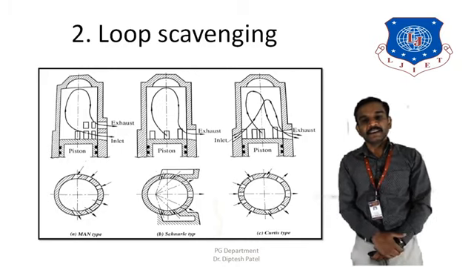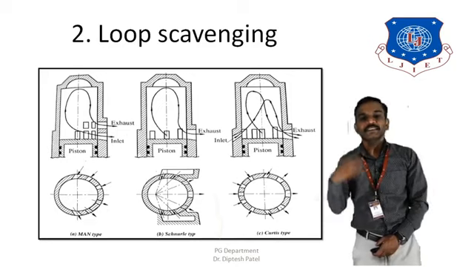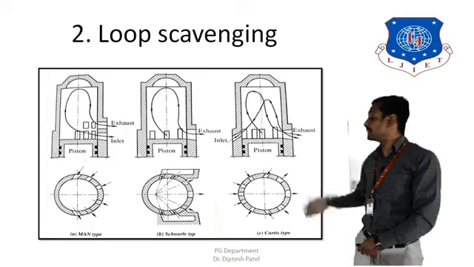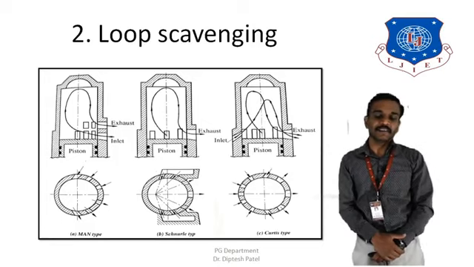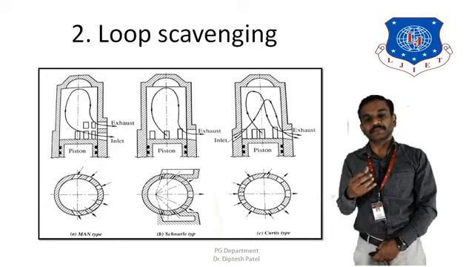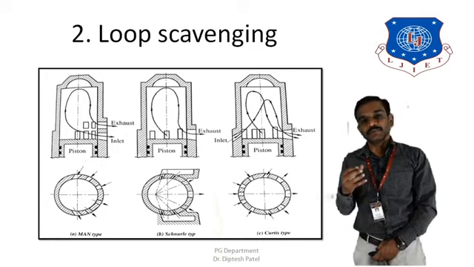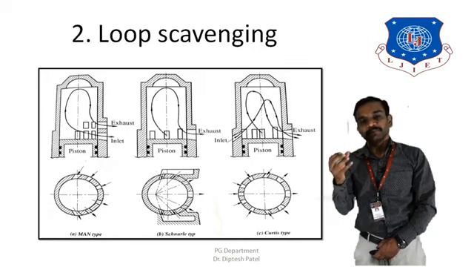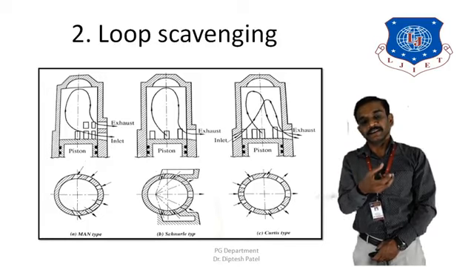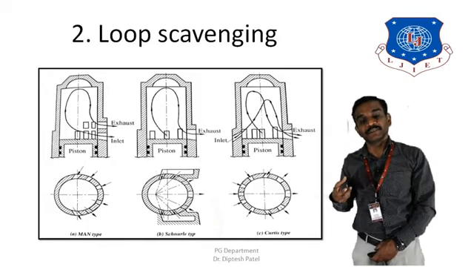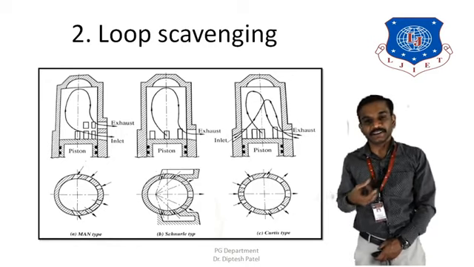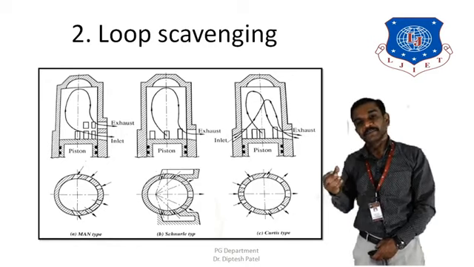Basically, here we have different types of swirls and tumbles taking place inside the engine cylinder, and the Curtis one is the most efficient scavenging process as compared to the others, in which the fresh charge enters from almost half of the cylinder, while the remaining half is for the exhaust.